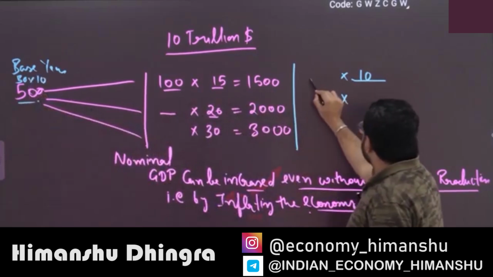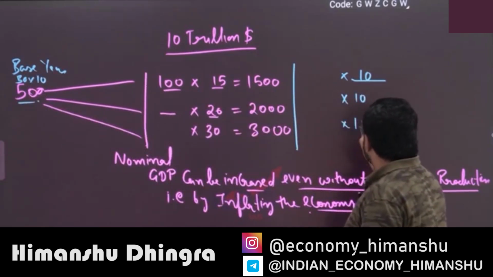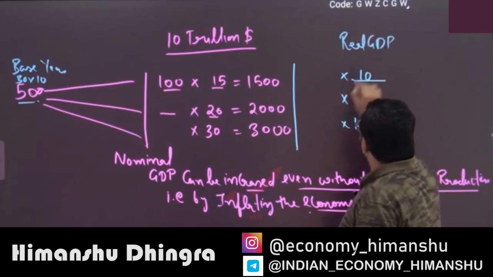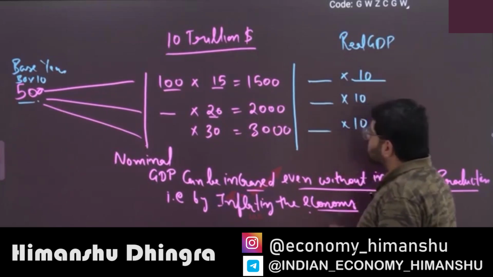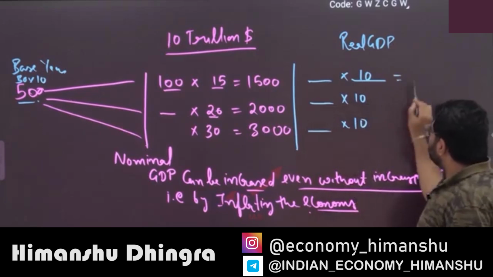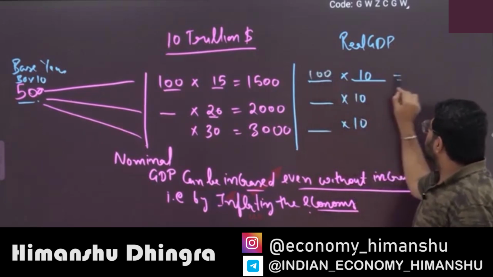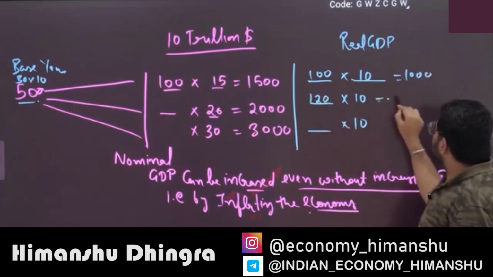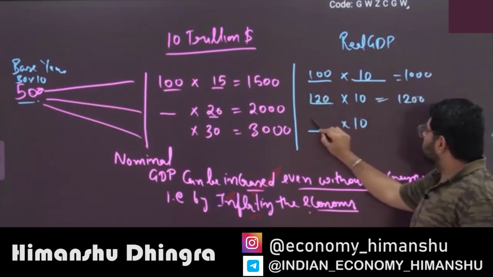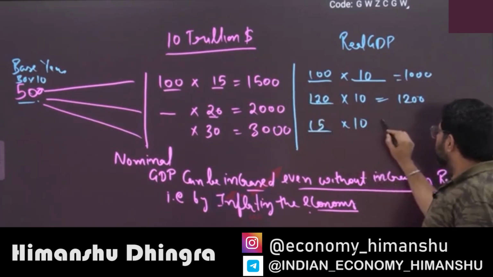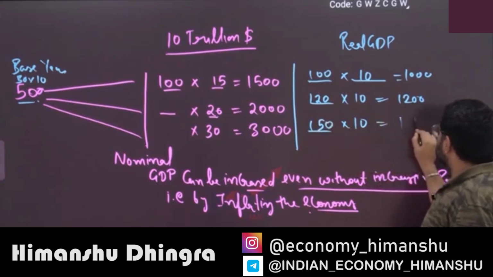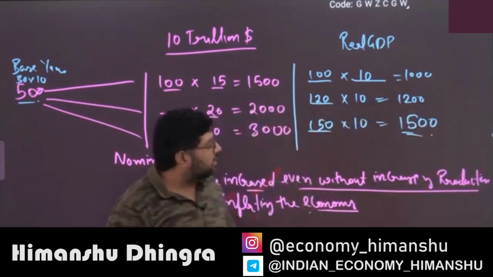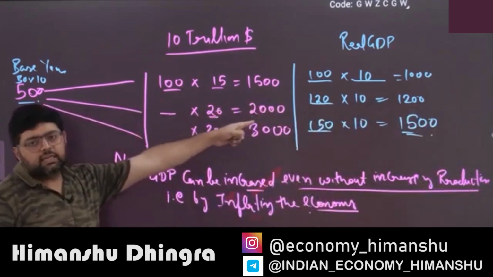So ultimately in real GDP, whenever you increase the production, only then will your GDP increase. If it is 100, it means 1000. If it is 120, it means 1200. If it is 150, sorry, then it is 1500. Then only you will compare it, and then you will say yes, there is an increase in production.